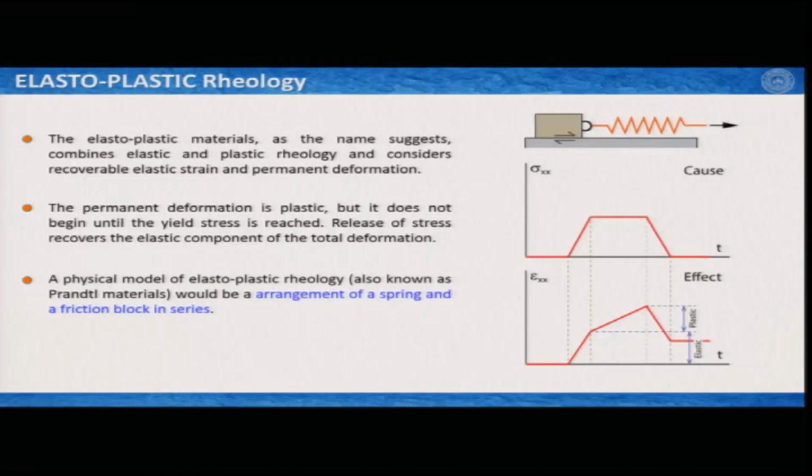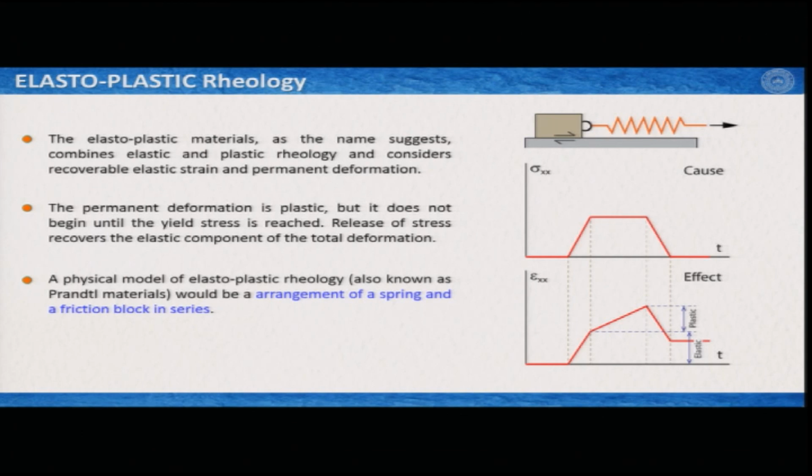The elastoplastic materials, as you can guess from the name, combine an elastic element and a plastic element, right. So it considers recoverable elastic strain from the elastic element, but non-recoverable strain from the plastic element. Therefore, the total deformation is not recoverable. The permanent deformation, as I said, is plastic, but it does not begin until the yield stress is reached.